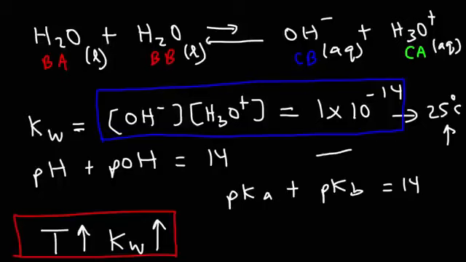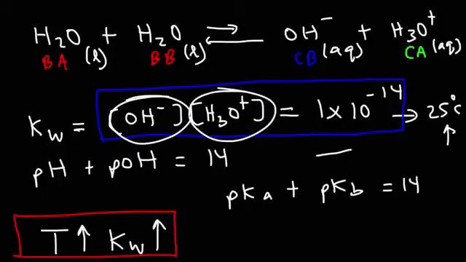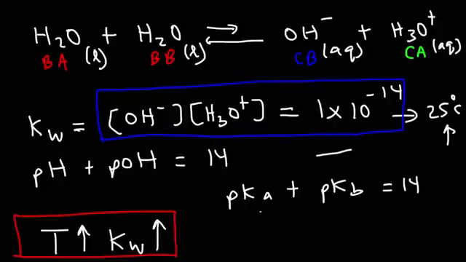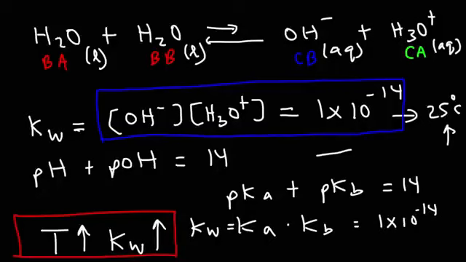Now there is another one that we can add as well. Since hydroxide times H3O plus is equal to 1 times 10 to the negative 14 at 25 degrees Celsius, it turns out that Ka times Kb is also equal to Kw, which at 25 degrees Celsius is 1 times 10 to the negative 14.